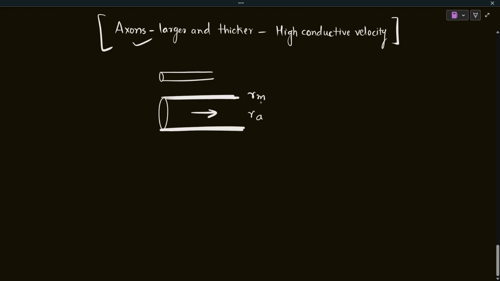Due to the large cross sectional area, both the membrane resistance as well as the axoplasmic resistance will be low, and once both of those resistances are low, the flow of ion current will be over long distances. So let's say that a small deviation in graded potential is generated in both of those axons, but this will travel over shorter distances, and this velocity will also be low compared to what happens in this particular axon.